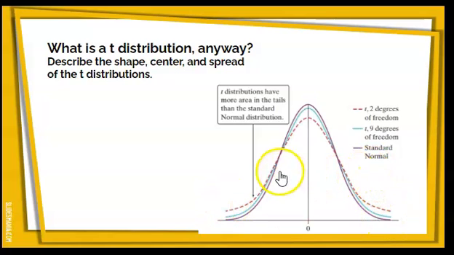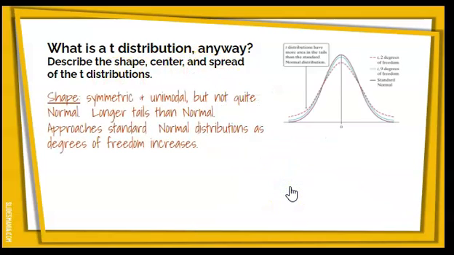Okay, so let's look at just shape, center, and spread of our T distribution. The shape, again, is symmetric and unimodal, but it's not quite normal. Okay, the tails are longer than normal. They go on further. It approaches the standard normal distribution as the degrees of freedom increases.